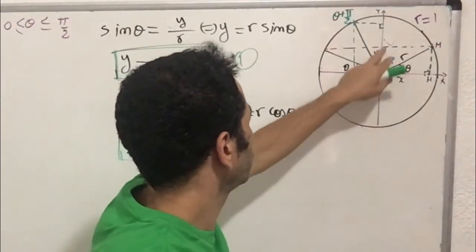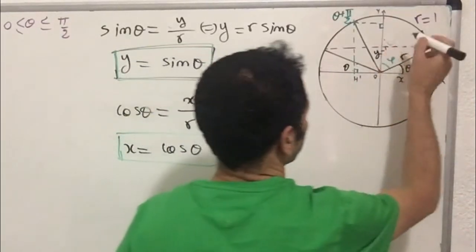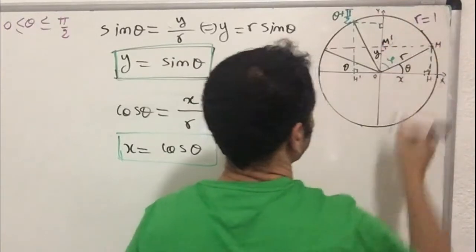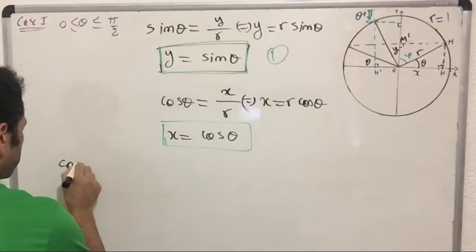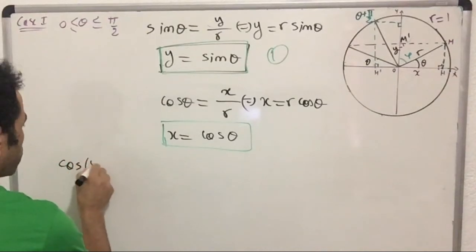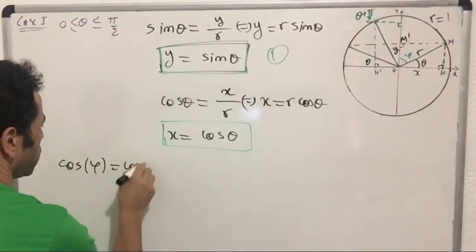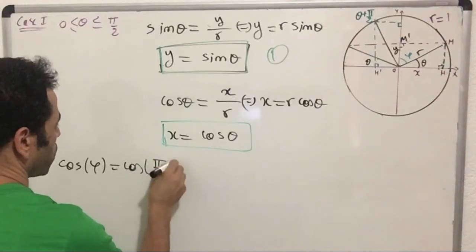Y equals, let's call it M prime, for example, right? Here I'm going to calculate cosine phi, which is cosine of pi over 2 minus theta.